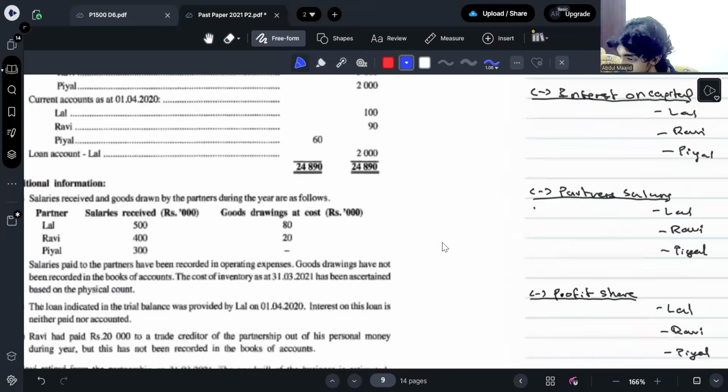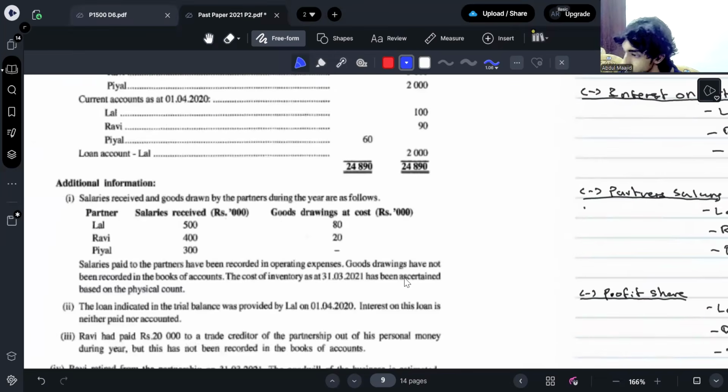And then next what has happened? The goods drawings has not been recorded. The cost of the inventory has been ascertained based on physical stock count. So they have counted the closing stock based on physical stock count. That means you have to deduct the goods drawing from cost of sales because you're going physically and counting. And the drawings goods won't be there.